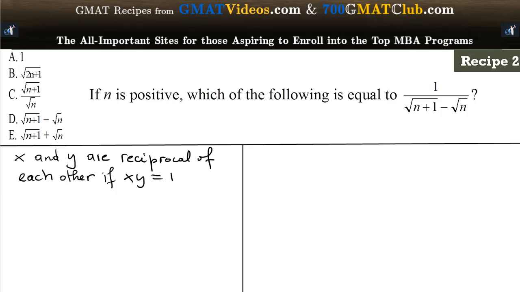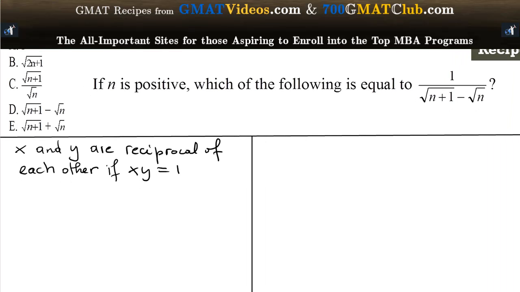Now, I hope you know what the term reciprocal means, but I know that in some countries they use inverse. Here in the US, it's called reciprocal. So in that case, obviously, y would be equal to 1 over x, and obviously x would also be equal to 1 over y. No problem.